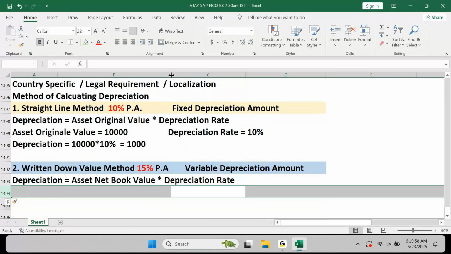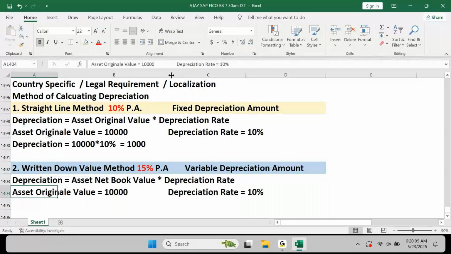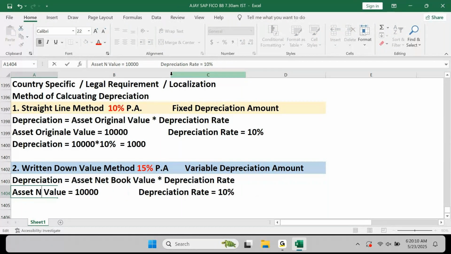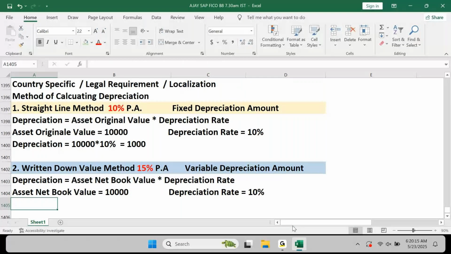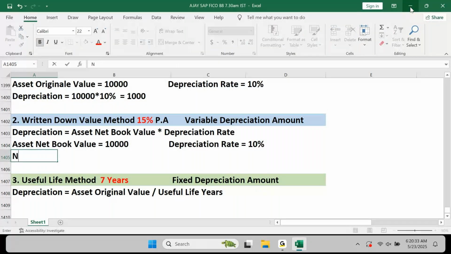Now here we need to write down this one. Asset net book value we need here, right? How do you get asset net book value? Original value minus depreciation.